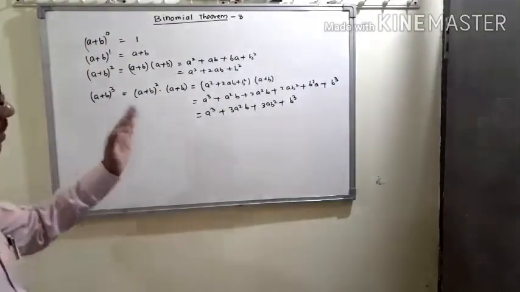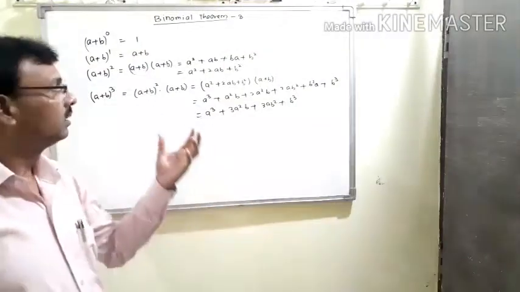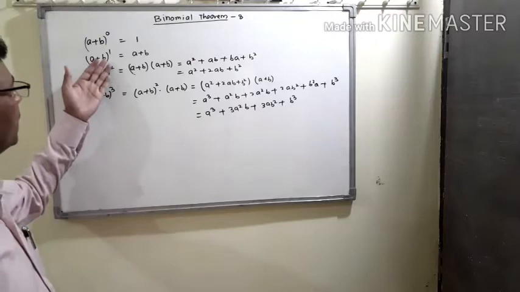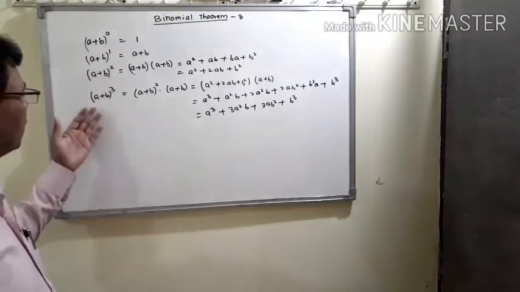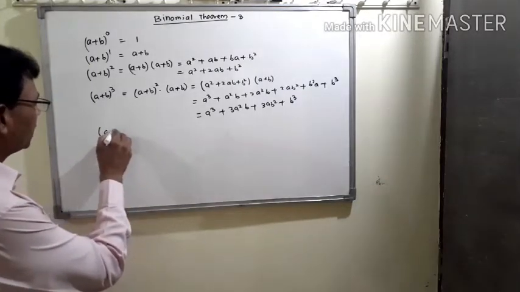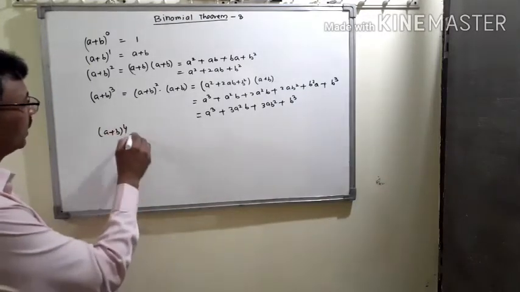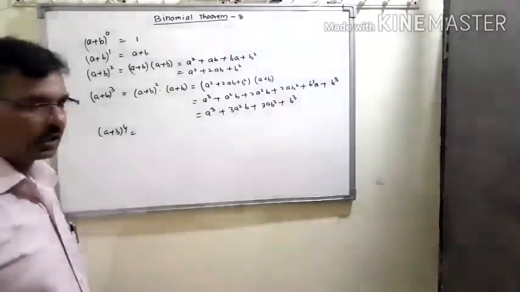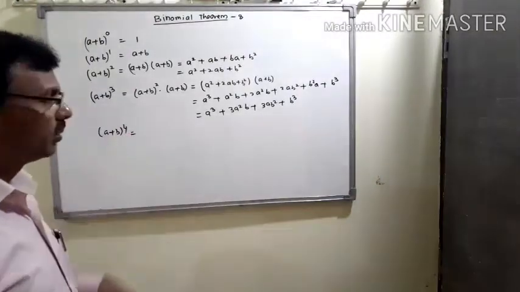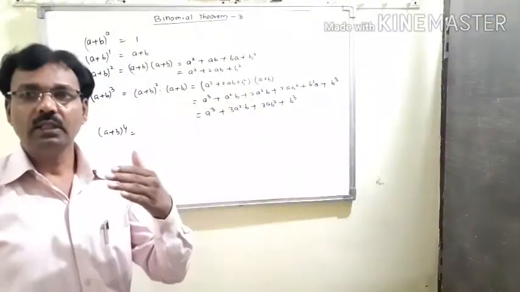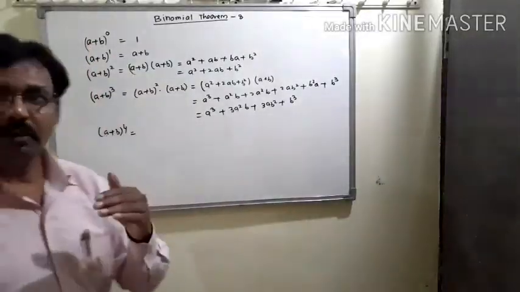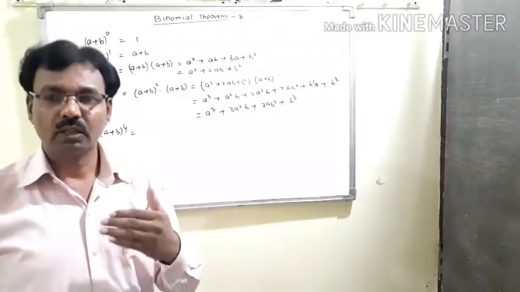This is so simple because we have already learned what (a plus b) to the power 0, power 1, whole square and whole cube will be. But if you write (a plus b) whole to the power 4, then what will it be? This is somewhat complicated. That means as the power increases, the complexity also increases.